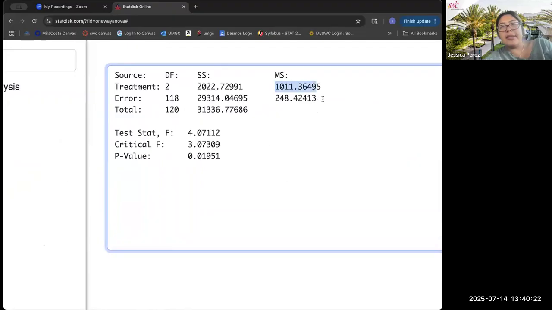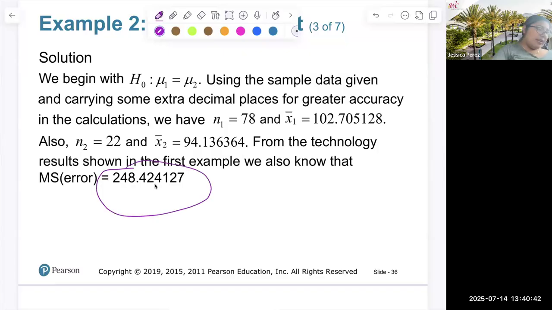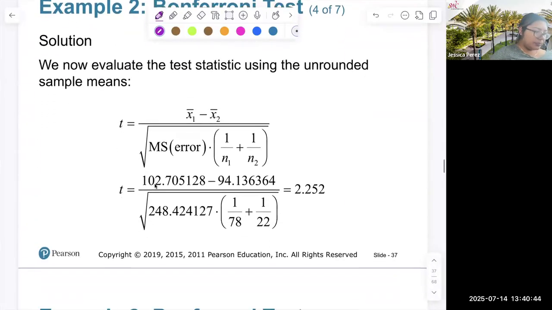There's this MS, 248. We find the p-value. We see the sample standard deviation of each. So we notice that the MS error is 248.42. That's the value that we obtained from the first example.